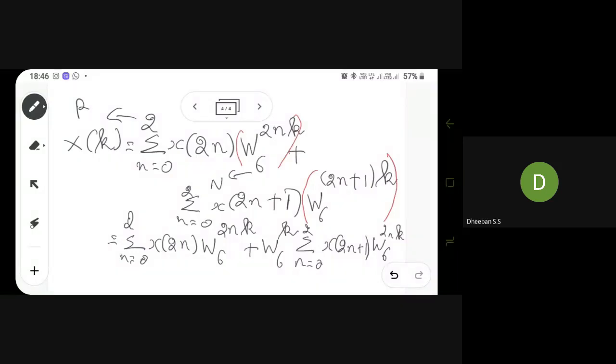There will be two terms, so X of k will be equal to X1 of k plus W6 of k into X2 of k.